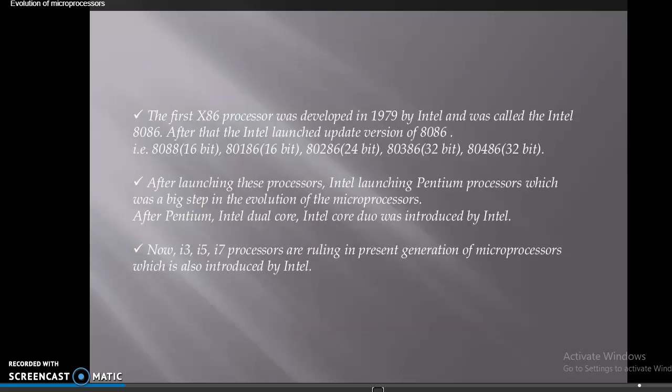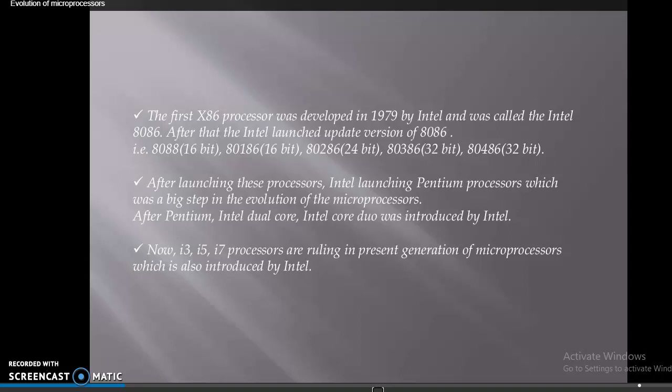Then the first x86 processor was developed in 1979 by Intel and was called the Intel 8086. It is also used in many laboratories and colleges nowadays. In our university we also have the PG syllabus for 8086 microprocessor programming. After that, Intel launched updated versions: 8088, 80186.